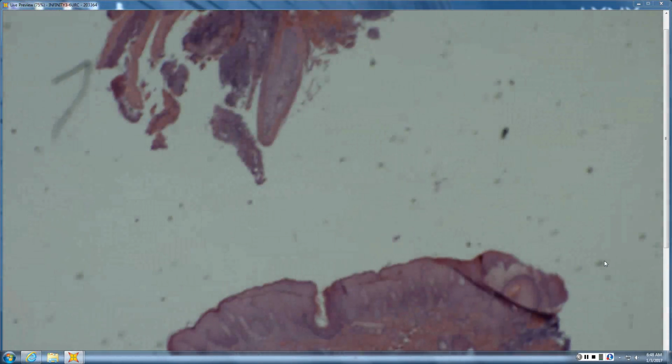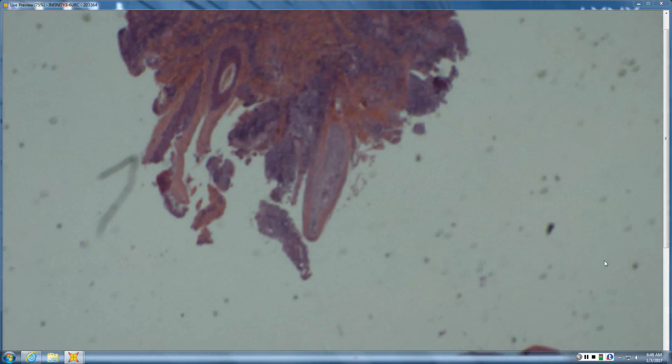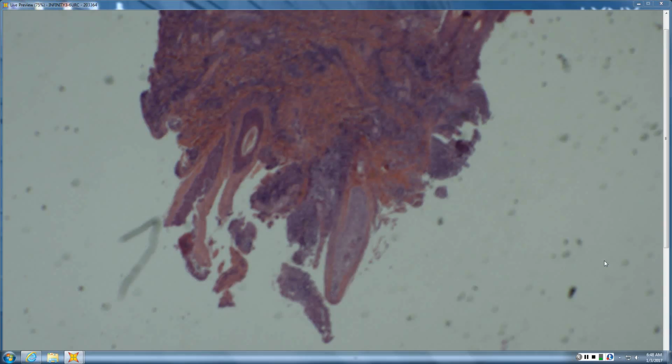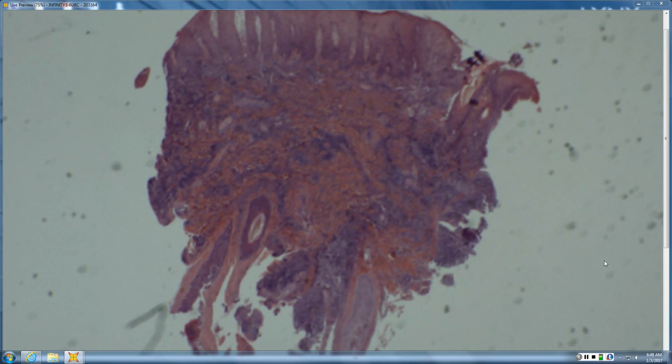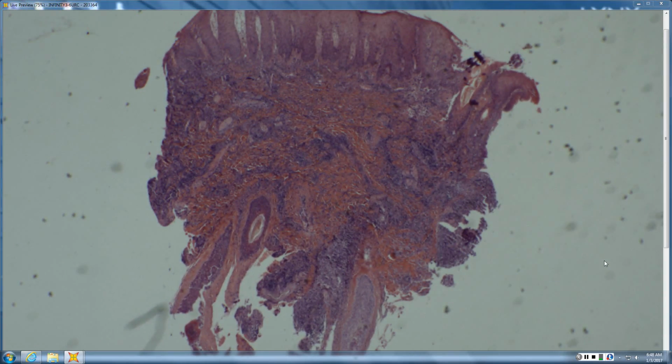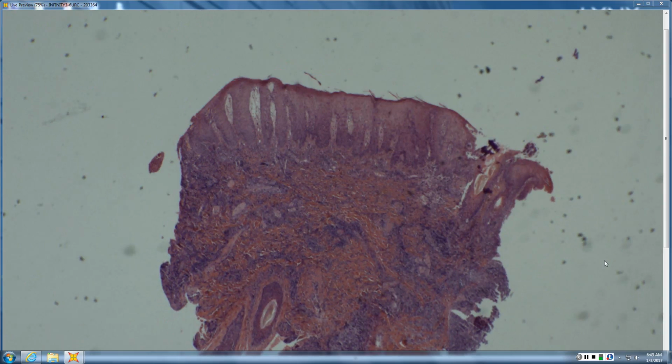Okay, this one, number 6, is Majocchi's, so deep. I was going to say deep fungal infection. It's not a true deep fungal infection like we think of the atypical deep fungal infections, but it's deeper in the sense that it's not just a typical tinea corporis at the stratum corneum level.